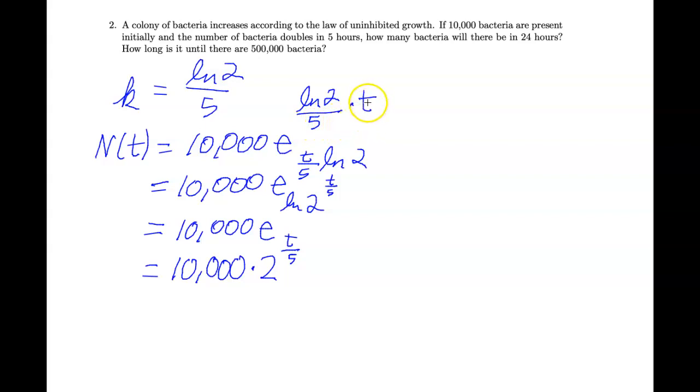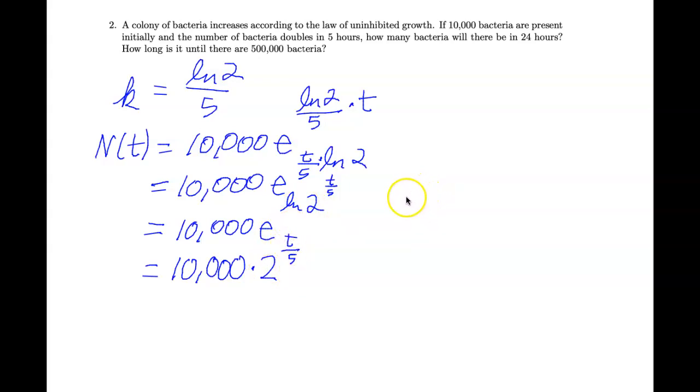What I did was, I used the commutative property of multiplication, so I put the t in front, and I just made the 5 go under the t. So I have t over 5 times ln of 2, and now I have a factor times the natural log, which means the t over 5 can go to the exponent. And then, when you focus on the e to the ln base e of 2, those cancel and you get 2 to the t over 5.